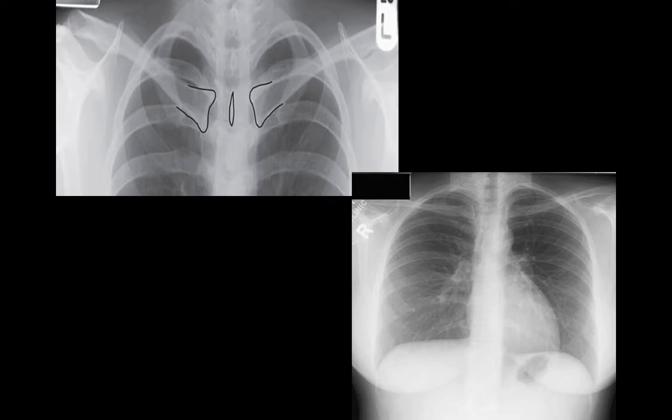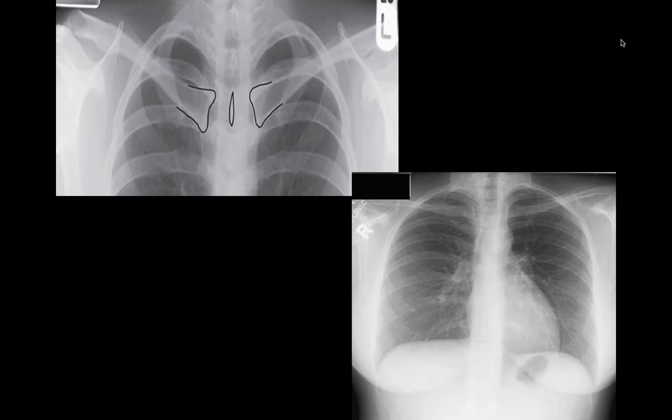Rotation. When a patient stands for a chest X-ray, he should be quite central or quite straight in position. It's not our duty, it's the duty of the radiographer, but how can we say from viewing the chest X-ray that the patient is well positioned? It's quite easy.